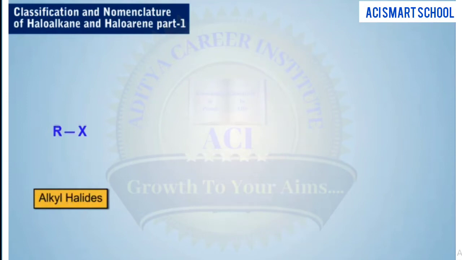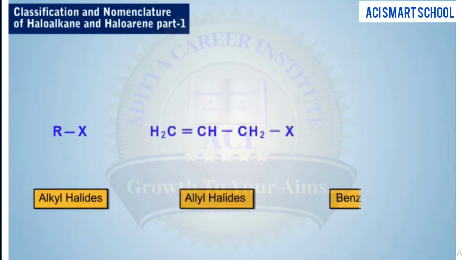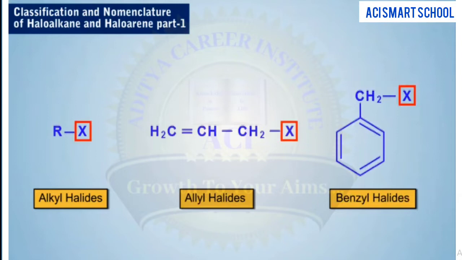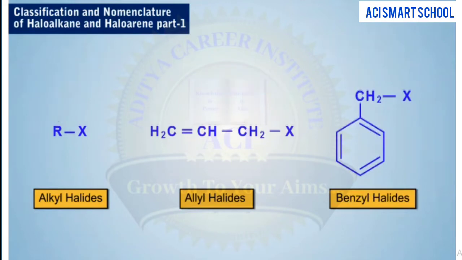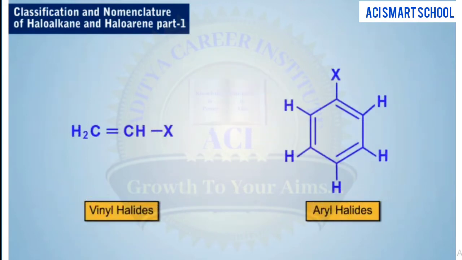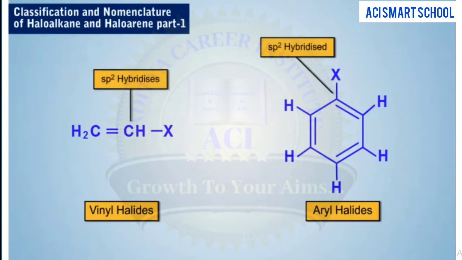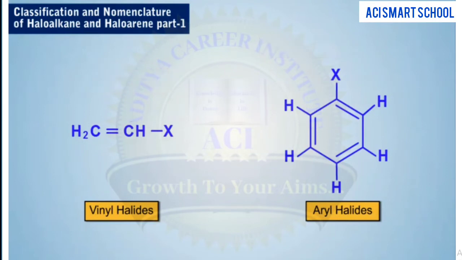In alkyl, allyl, and benzyl halides, the halogen atom is attached to an sp3 hybridized carbon atom. On the other hand, in vinyl and aryl halides, the halogen atom is attached to an sp2 hybridized carbon atom.